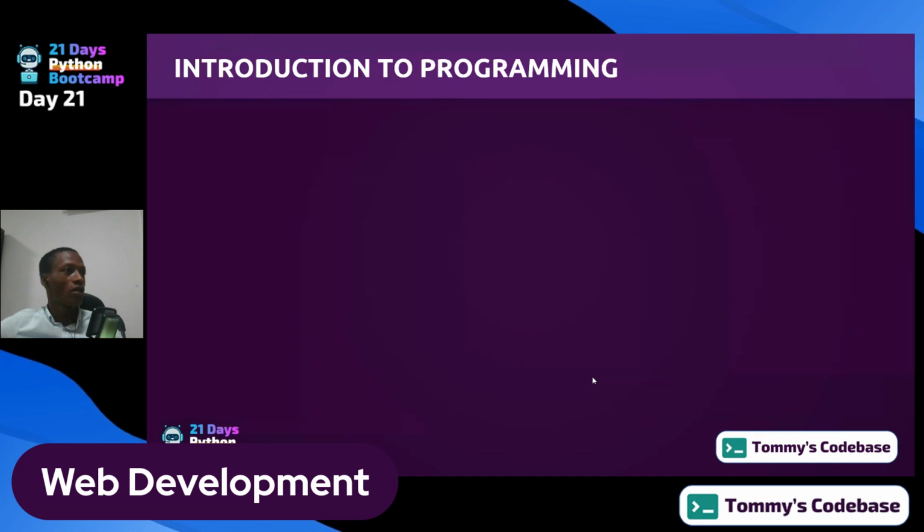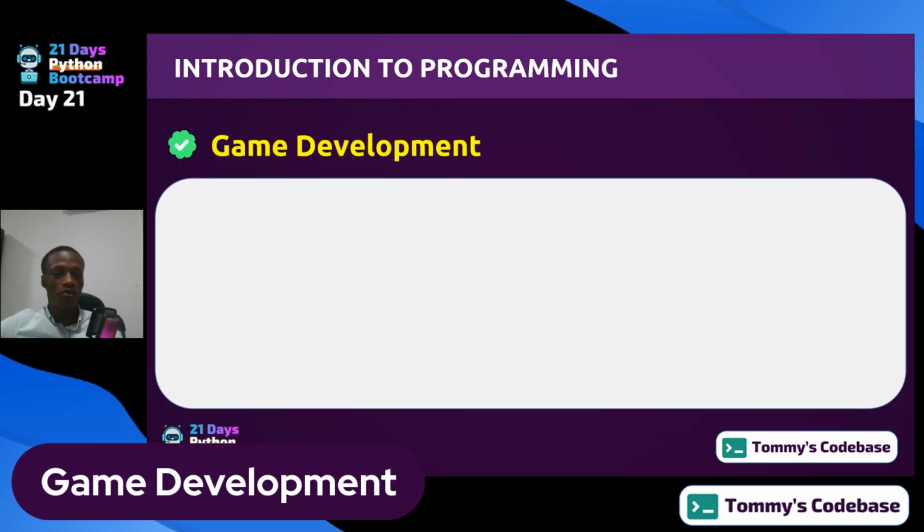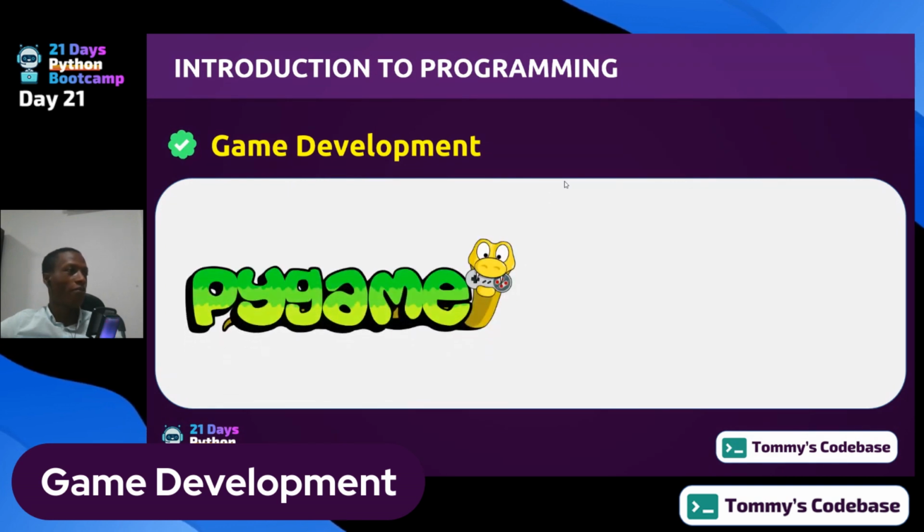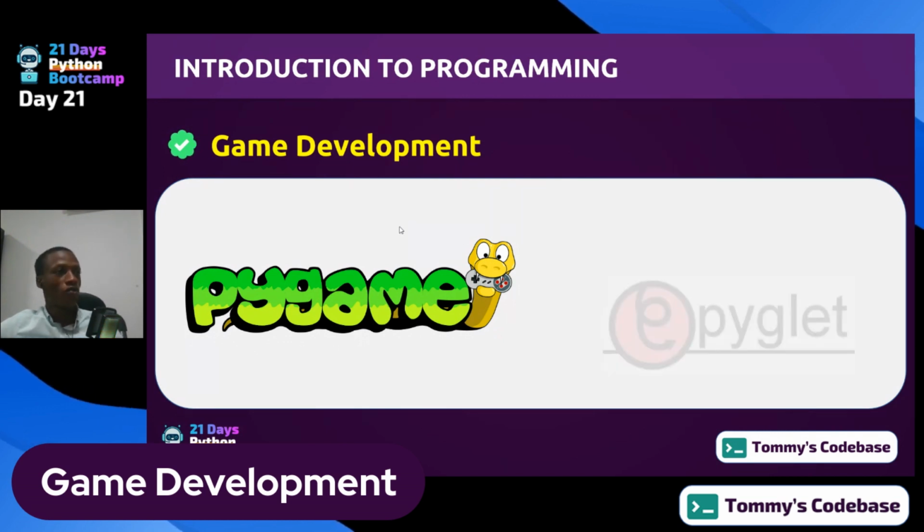And the next one is game development. So if you're also interested in game development, Python has packages for you. For game development, you can explore Pygame, a very popular one, for building 2D games. It doesn't really support 3D rendering. So if you want to build some 2D games, you can use Pygame to do that.